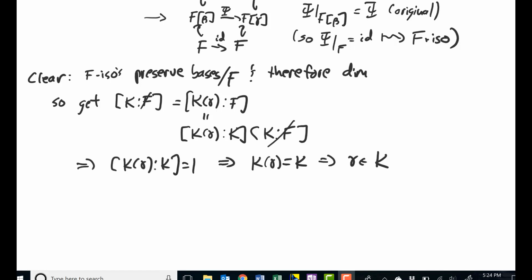This gives us that this dimension here has got to be 1. So these two fields are the same, so gamma is in k, which is what we set out to do.